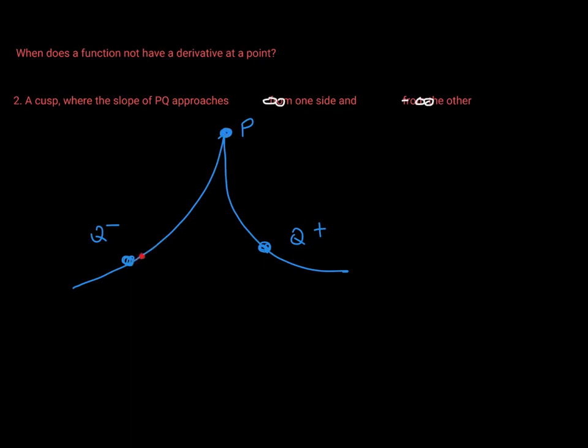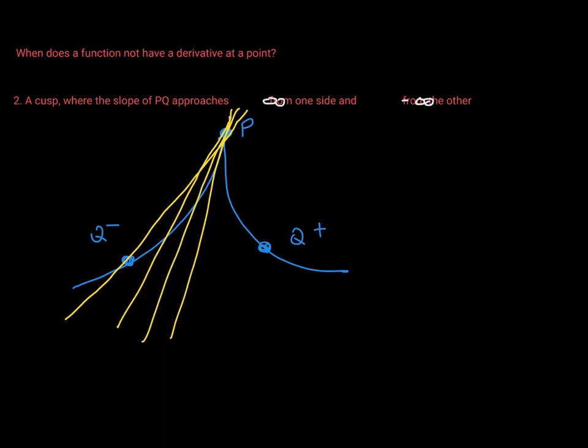Notice how the slope of PQ, the secant line, approaches positive infinity. Watch this. You have this secant line here, and then this secant line here, and then the secant line here. Notice how the secant lines are becoming more and more vertical, right? I could do it one more time if you'd like. They are becoming more and more vertical as Q approaches P. The secant lines are moving in that direction, right?